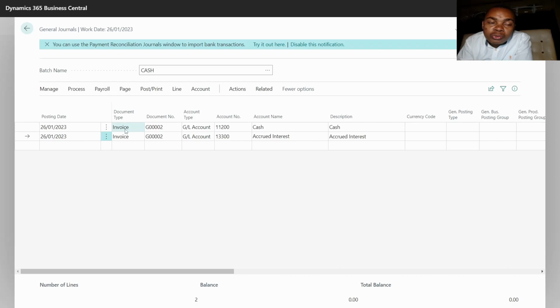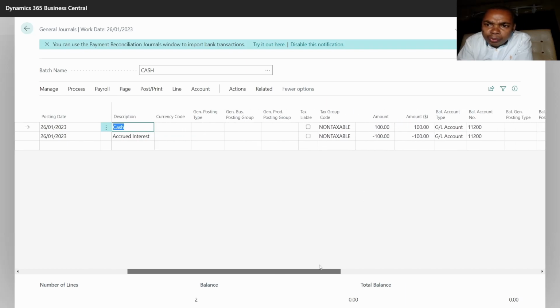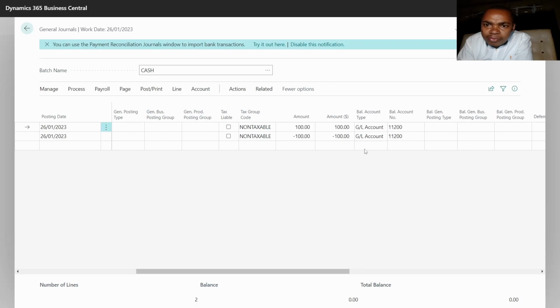We usually also have a one-line journal. Let's say we are using the first line, and on the first line we are balancing it by use of another account. Let's say we want to balance this transaction with another GL, populating the balancing account. As you can see, from this point I'll be able to populate the balancing account type.